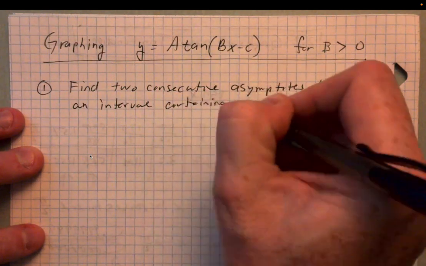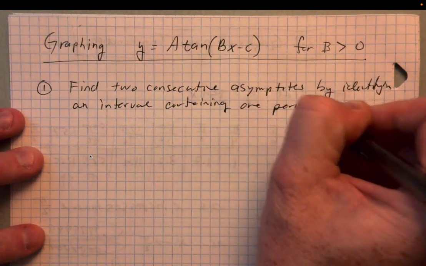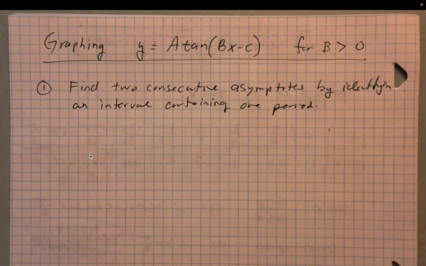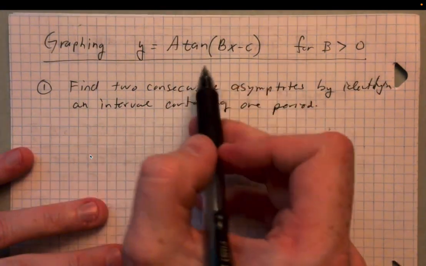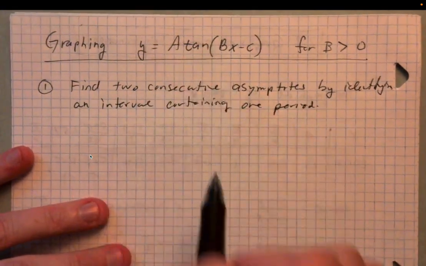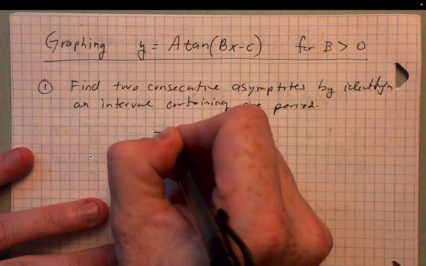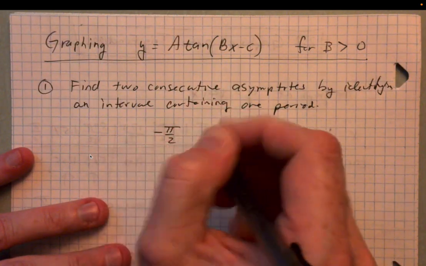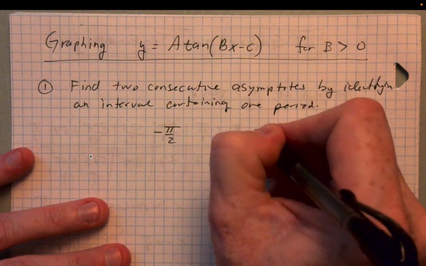And how will we do that? The way we're going to do that is we're going to start with the fact that tangent, the base function tangent, has a period between negative pi over 2 and pi over 2.